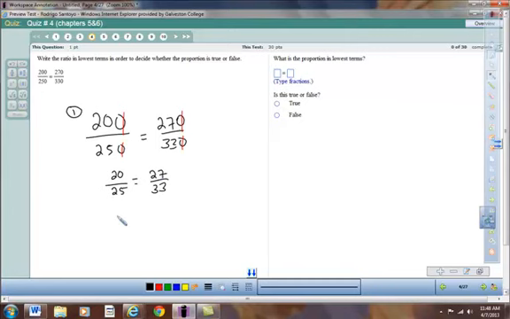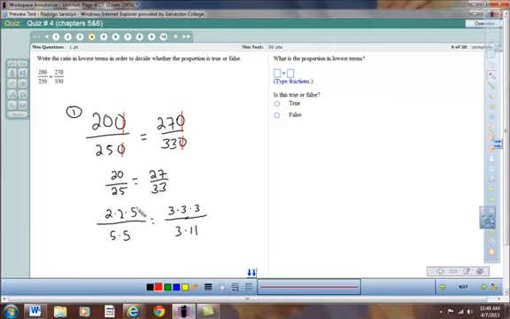Or we could prime factorize. We could prime factorize 20 to be 2 times 2 times 5. Prime factorize 25 to be 5 times 5. We could break up 27 to be 3 times 3 times 3, and 33 to be 3 times 11.